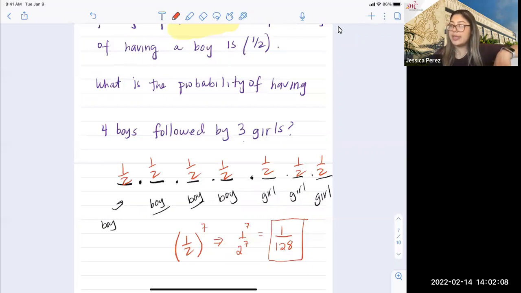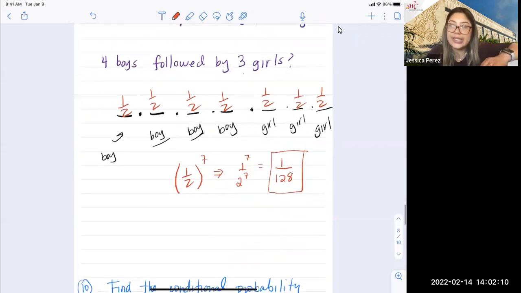This is because they are independent events. So you want to make sure that you're using the formula for independent events. They do not depend on each other. The probability stays the same.